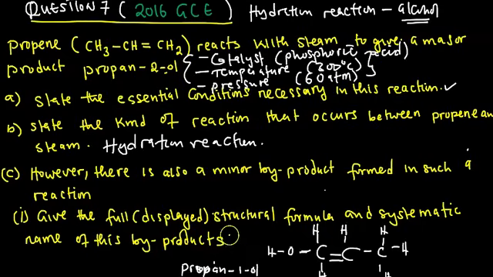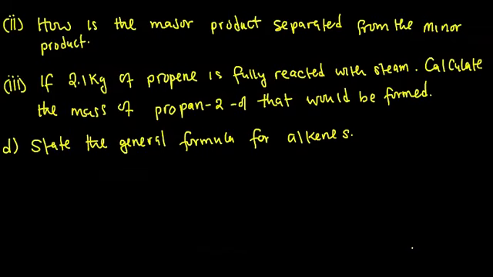Okay, this one just answered. Let us see if we can look at the other one. How is the major product separated from the minor product? So the major product is separated from the minor product through the process of distillation. They have different boiling points, so they boil at different temperature, and therefore they can easily be separated because they tend to have different boiling points.